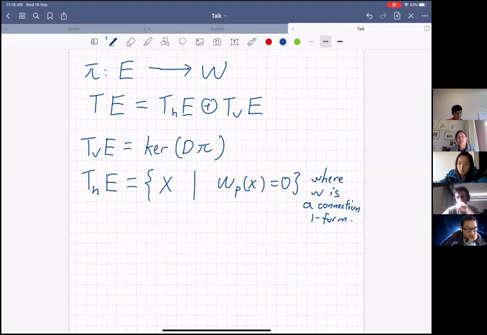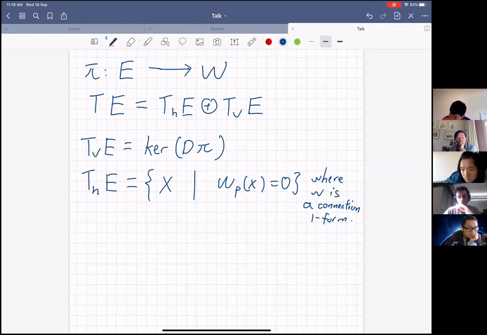It has something to do with that. Once you have a connection, but where do they get this connection from? Is it the connection?